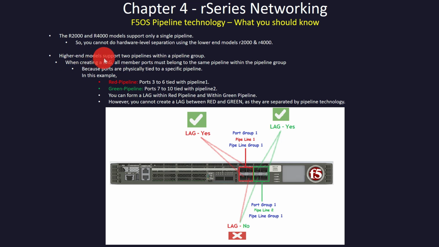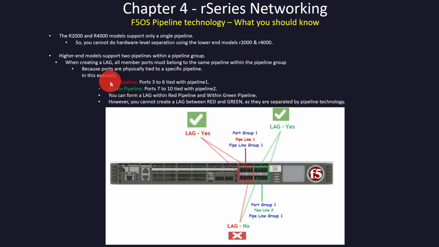Higher-end models support 2 pipelines within a pipeline group. When creating a LAG, all member ports must belong to the same pipeline within the pipeline group. This is because the ports are physically tied to a specific pipeline.